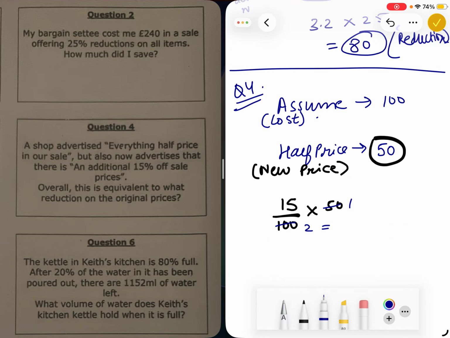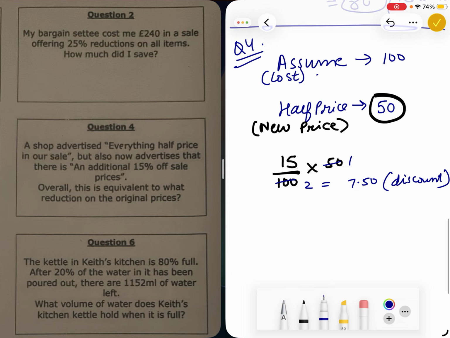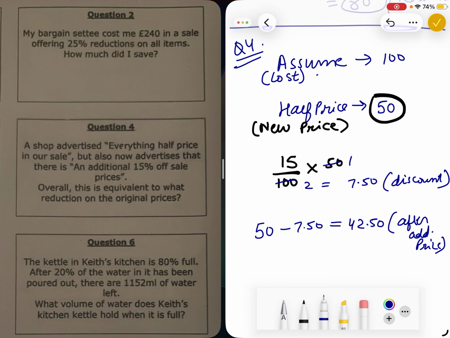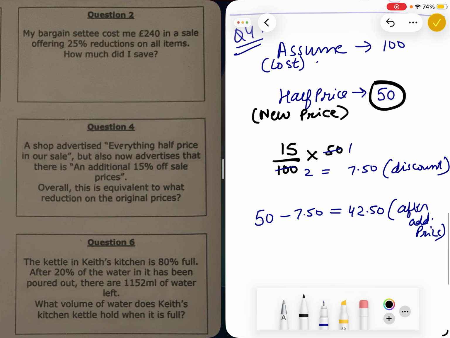It will be 15 by 2, which is 7.50. So after discount, how much will it be? It is 42.50 after additional discount. Yes or no? Right. Now what we need to do is, they're saying that how much total reduction is there? Original price was how much?